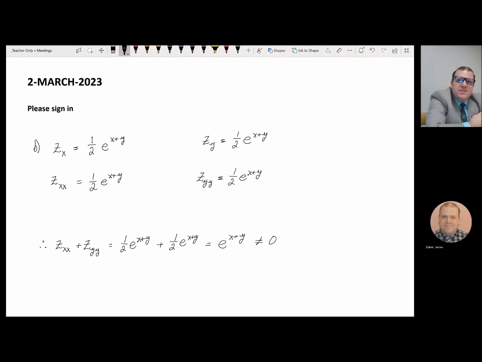Right, so if you plug it into Laplace's, or at least the left-hand side of Laplace's, you're going to get e to the x plus y, which is not 0. In fact, that'll never be 0.